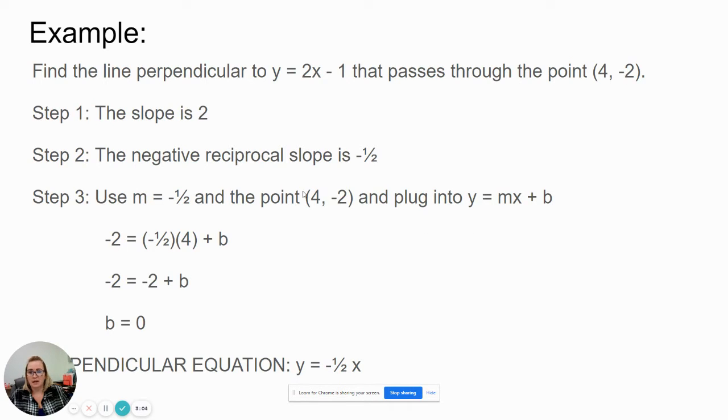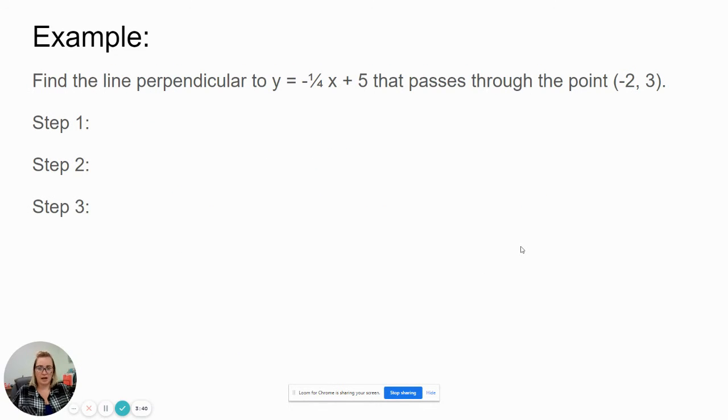Here's our m, here's our x, here is our y. So we're saying negative 2 is equal to negative 1/2 times 4 plus b. Well, negative 1/2 times 4 is negative 2. If I add 2 over, I get 0. So that means my new equation is y equals negative 1/2 x. So 2x minus 1 and negative 1/2 x are perpendicular lines to each other, okay?